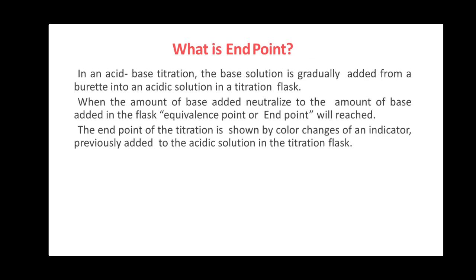The endpoint of the titration is shown by the color change of an indicator. So the endpoint we can see as colorless to pink when adding phenolphthalein as an indicator. Like that we can see the change in color of the indicator previously added to the acidic solution in the titration flask.